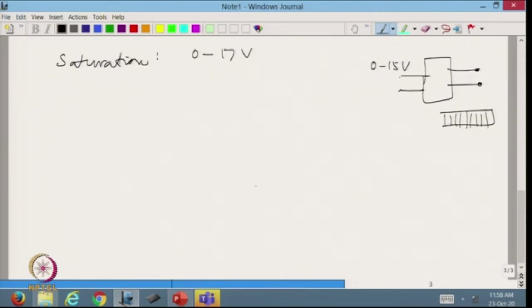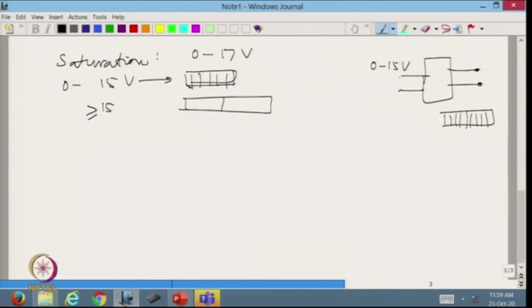And what the A to D converter does, it just keeps functioning nicely. For 0 to 15 volt range, it will give you the corresponding number in digital form, which will be correct, but 15 or anything greater than or equal to 15, it will always end up putting all ones.